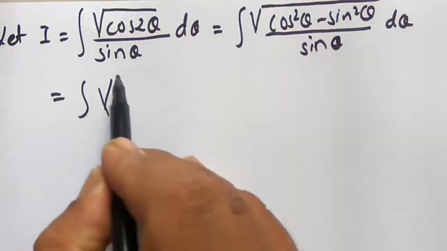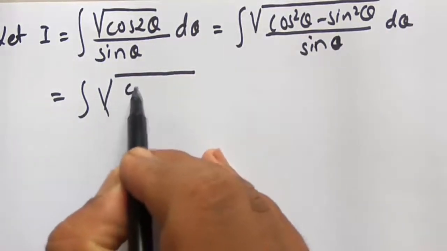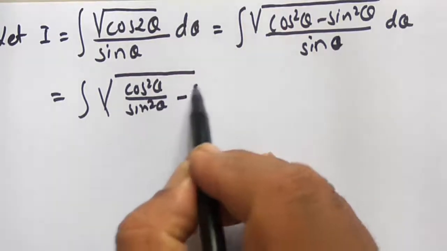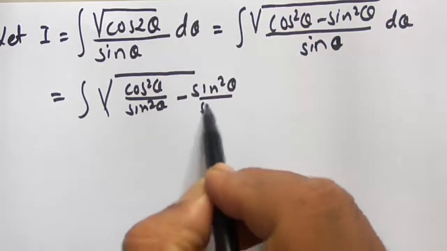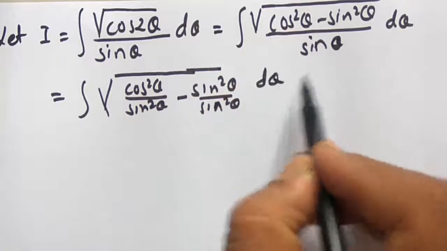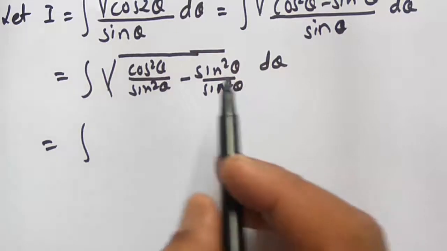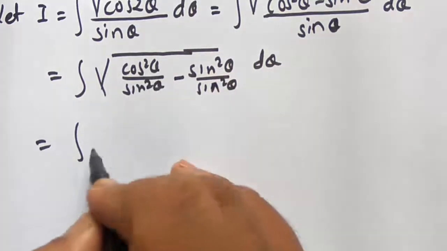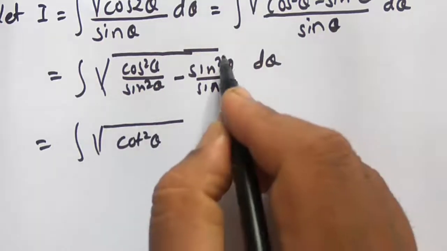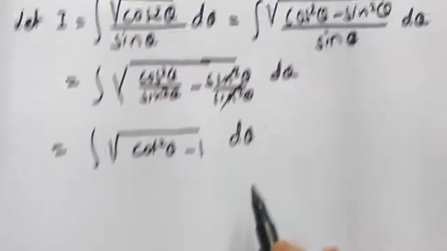So the integration of, dividing each term, cos square theta upon sin square theta minus sin square theta upon sin square theta d theta is equal to the integration of cos square upon sin square, which is cot square theta. Sin square gets cancelled, it is minus 1 d theta.